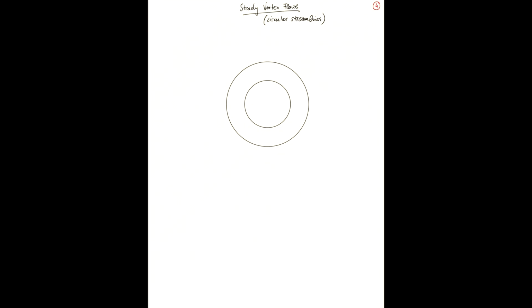So now we'll talk about steady vortex flows, and these are flows that have circular streamlines. Down here I've sketched two circular streamlines. We'll consider r, theta polar coordinates, and in that case the vector field is a function of r and theta.